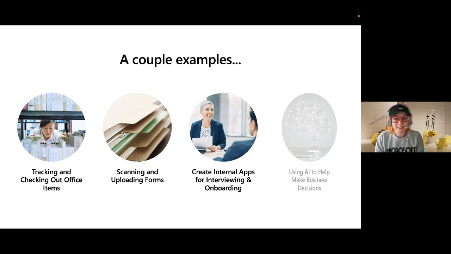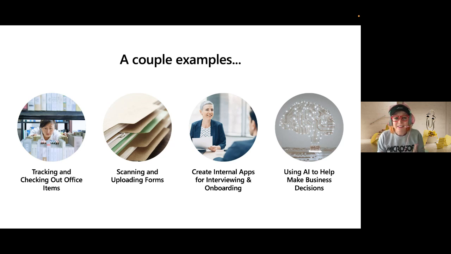And then last but not least, you can use AI to help make business decisions. Now, I don't know about you, but before I became an engineer, AI and machine learning were a little scary to me. I only knew about AI from the movie AI starring Haley Joel Osment. But for example, let's say that you have 500 applicants for a job. You're a recruiter and you don't really have the time to go through every single one of the resumes or cover letters that's been submitted to you.